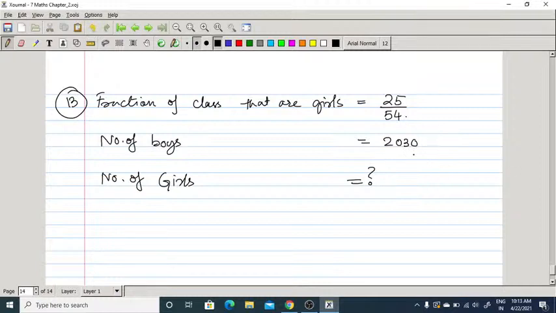Now, see, we don't know how many students are there in the class. So that means we don't know the total number of students, the actual number of students in the class, but we know that in fraction, no matter what the fraction is, the total is always 1. So if we subtract 25 by 54 from 1, we can find out the fraction of boys, which we can relate to this number then.